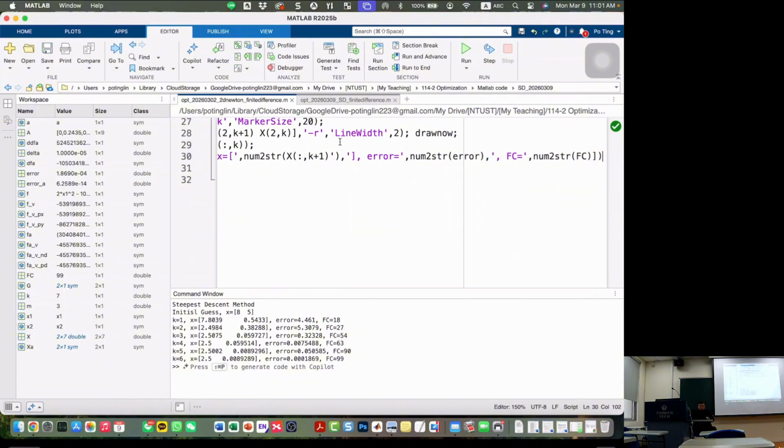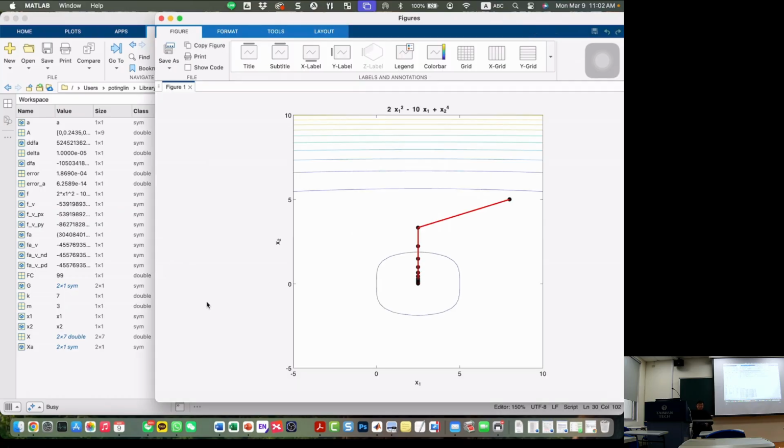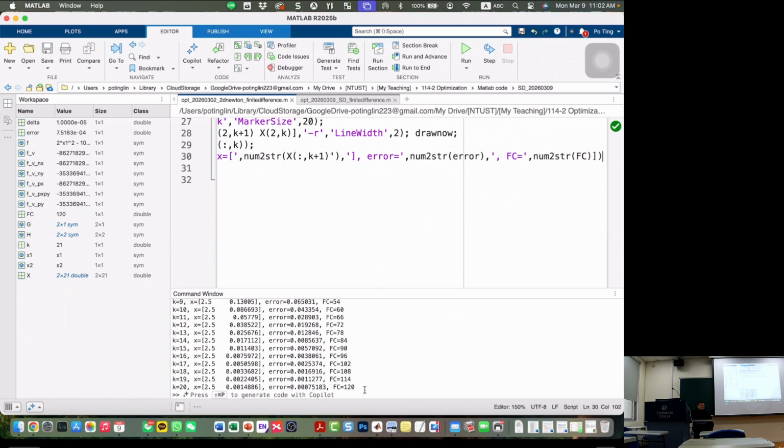Okay. So it was 99 for steepest descent. How about Newton? 120. Newton took 20 iterations, giving you a more precise solution, but 120 function calls.